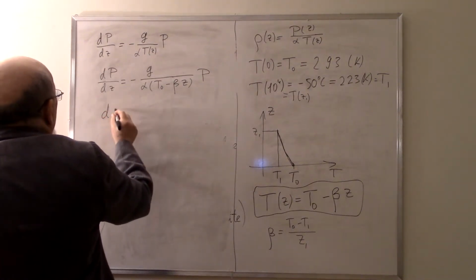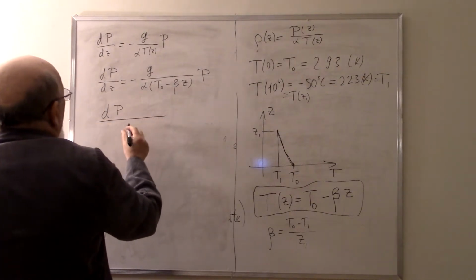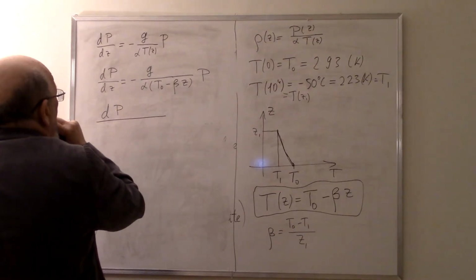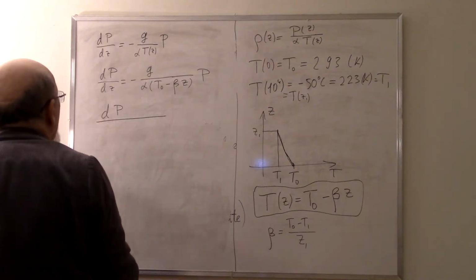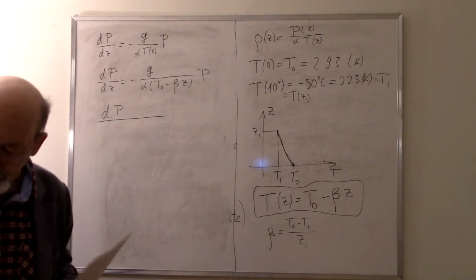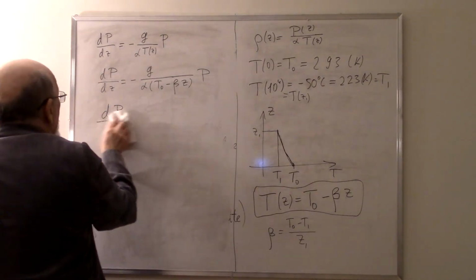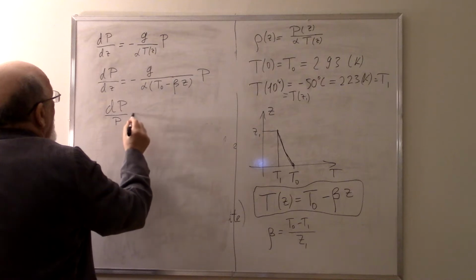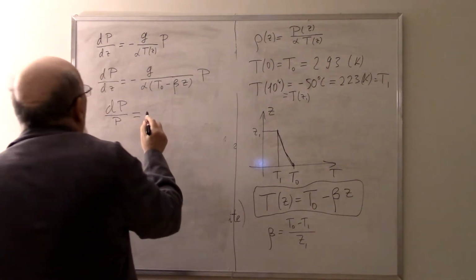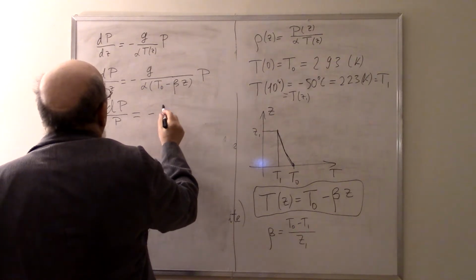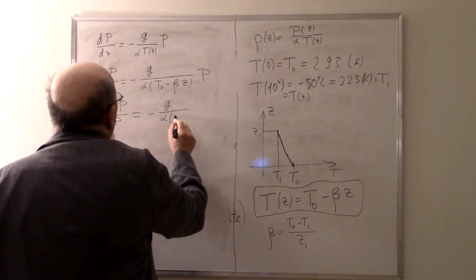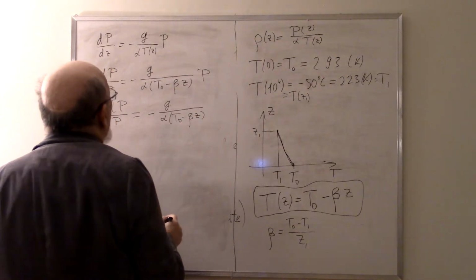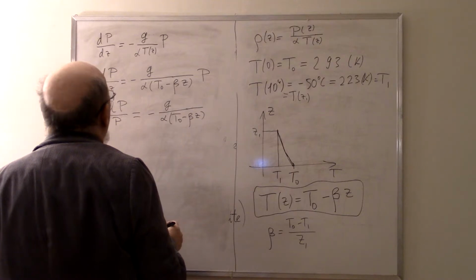So dP divided by P equals minus G divided by alpha, T0 minus beta Z.